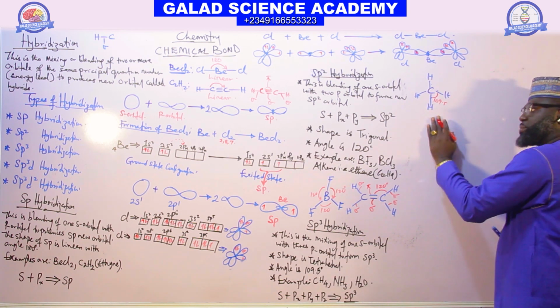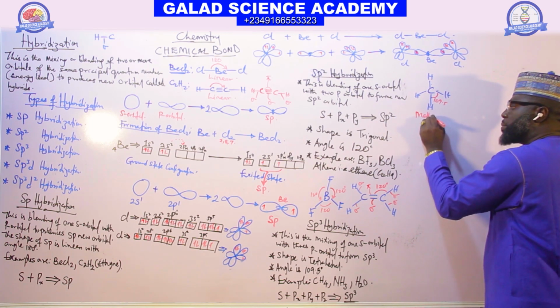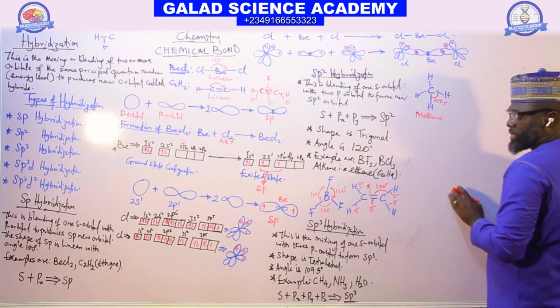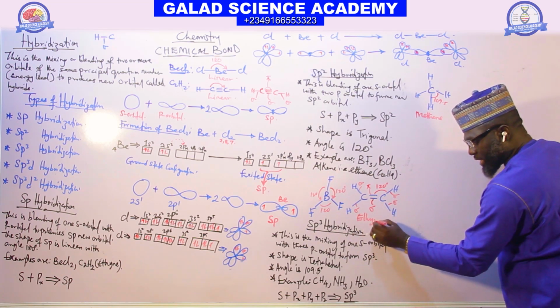This tetrahedral shape is methane. And this structure here is ethane.